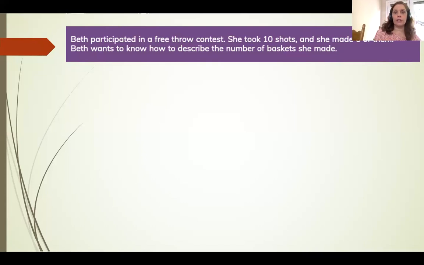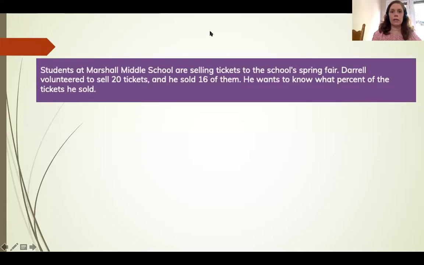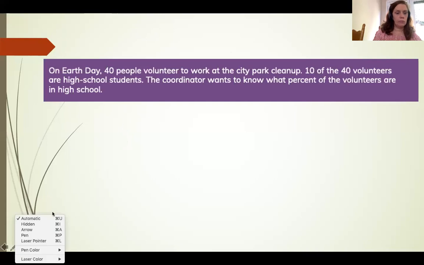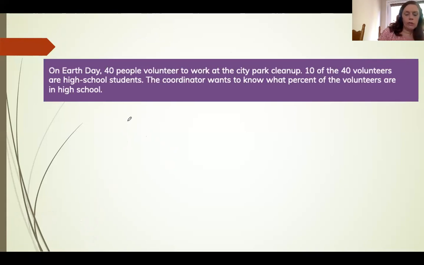And when we write fractions, we write part over whole.